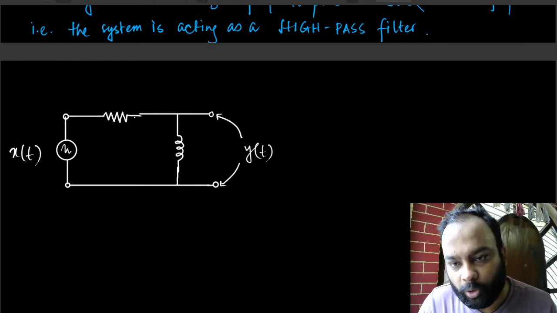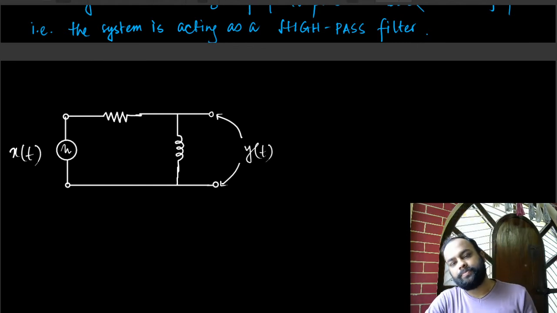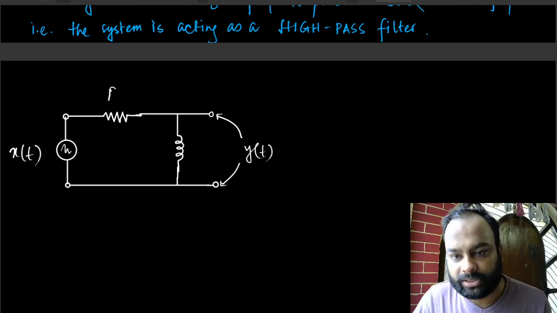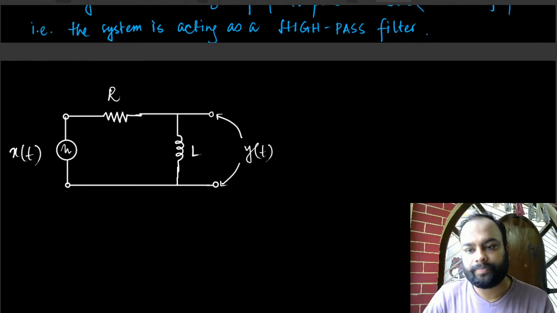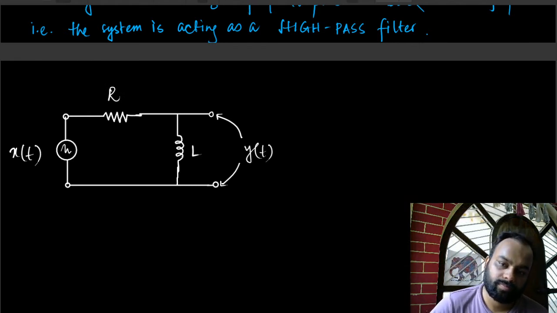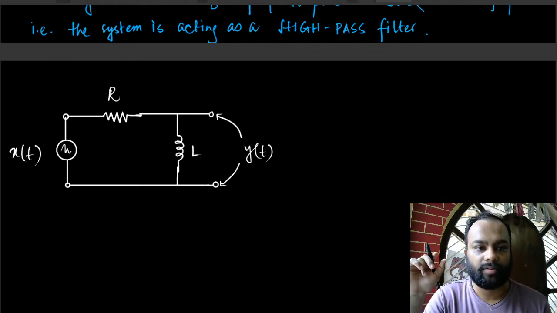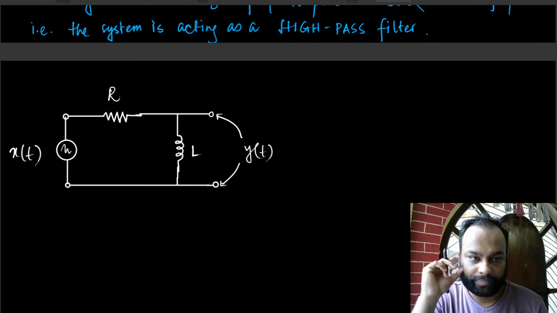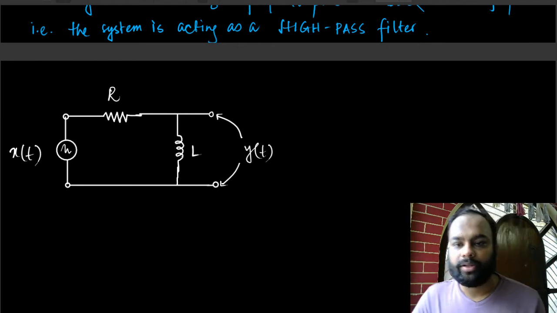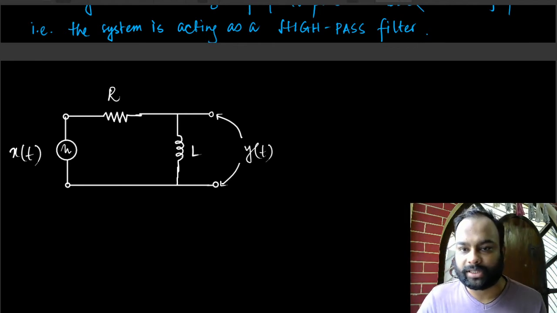If this is not what you meant, I will change the circuit. So that's your resistance, that's your inductance, right? All right. So I'm measuring the voltage across the inductor. Whoever came first got served first, right?